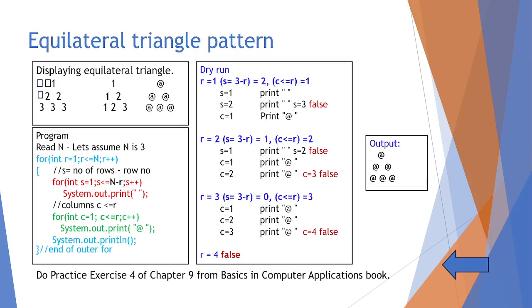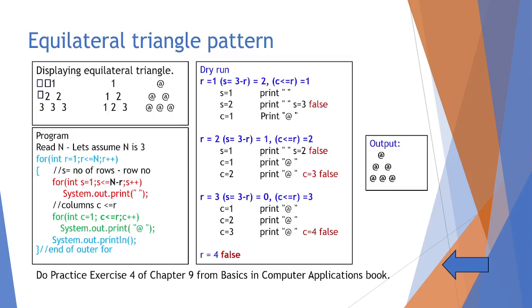So in the second row, only one space but two columns, according to our requirement. In the third row, s goes up to 3 minus r, that is 3 minus 3, since the row number is 3. That is 0 spaces but 3 columns. So this is how we write the program to form a design or a pattern.